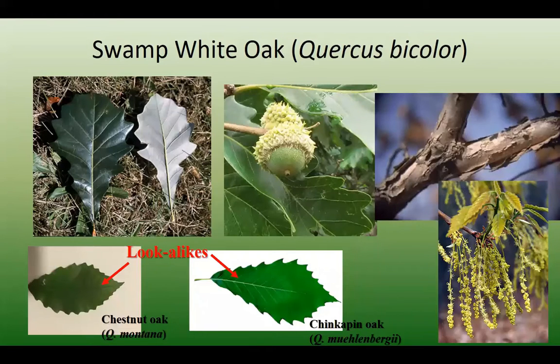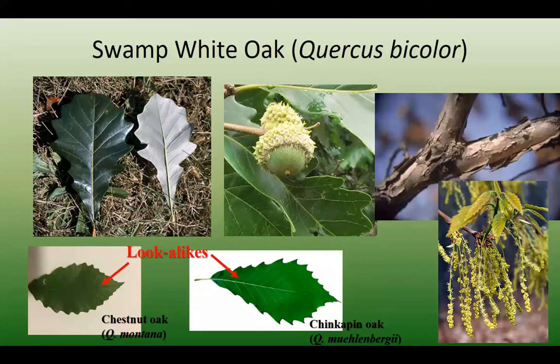The leaf is white on the underside, and the way that it's white is because it's got long white hairs on it. And so in this picture you can see that the leaf doesn't have as many of the deep lobes as the regular white oak, but it's got some lobes. Without lobes, I find it's quite easy to confuse this with a couple of other oak trees, the chestnut oak or the chinkapin oak.